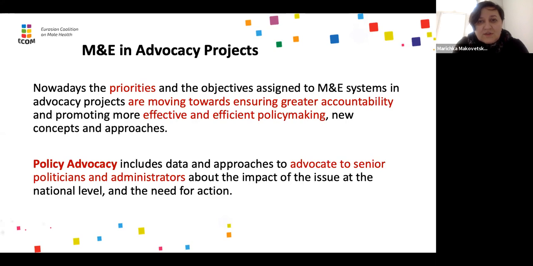You should collect this. You should be able to give good examples. Policy advocacy always includes data and approaches to advocate to senior politicians or administrators about the impact they should have on the issue, on a national or regional level.